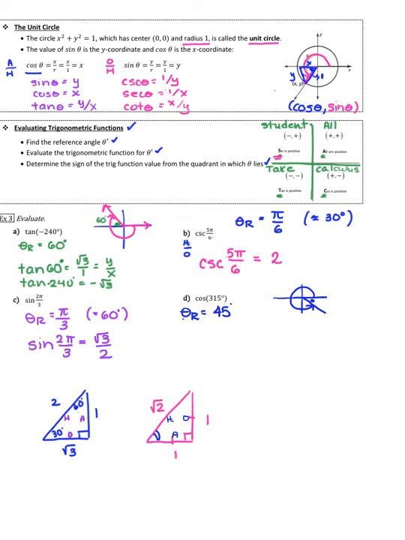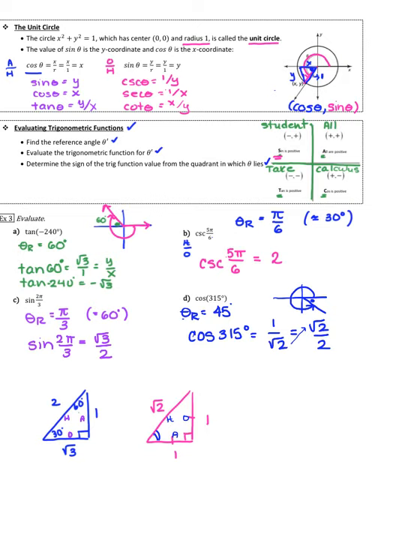So theta reference is 45. That means that the adjacent over the hypotenuse is 1 over rad 2, which we need to rationalize. So that becomes rad 2 over 2. Remember, the radical goes up and then the number just drops down. There was just a 1 on top before.